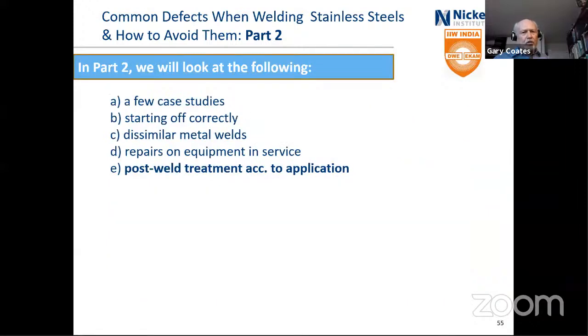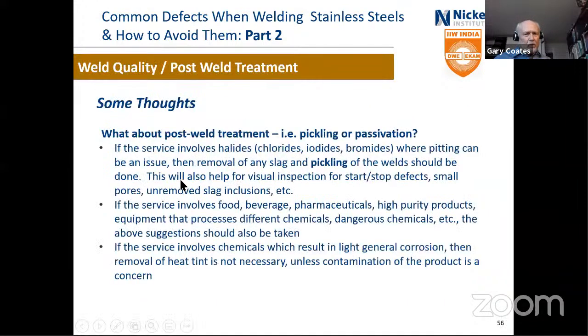And I'll just have two thoughts about post-weld treatment, I know Graham has talked about this. If the service involves halides, and by that we mean chlorides, iodides, and bromides, where pitting could be an issue, it is important to remove any slag, and pickling will improve the welds.